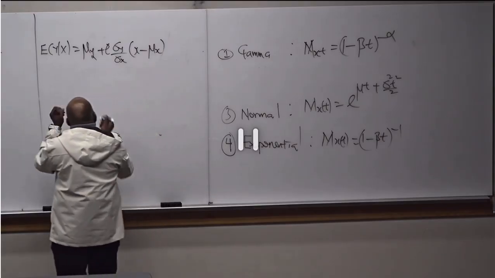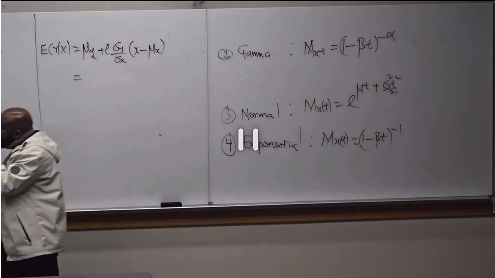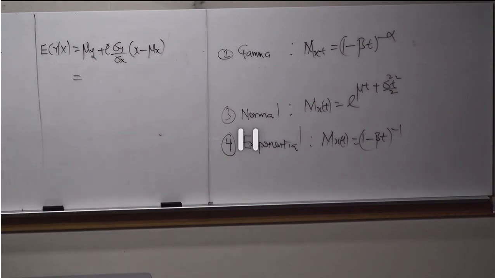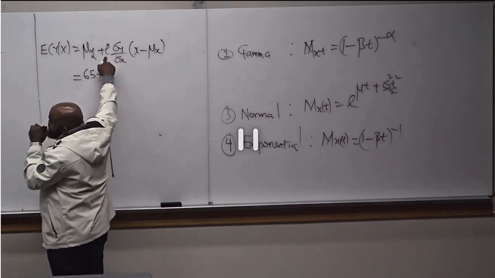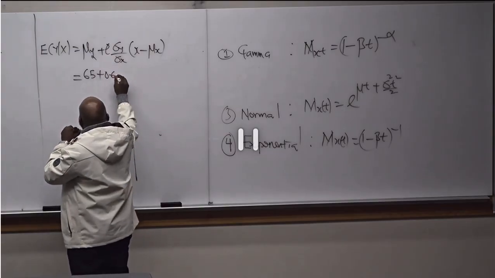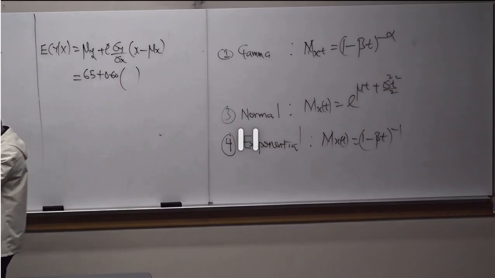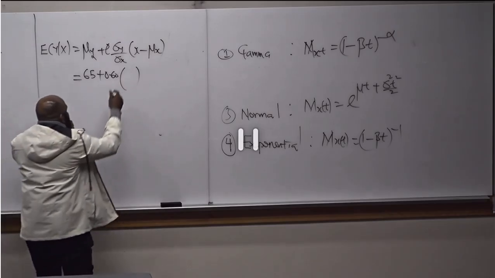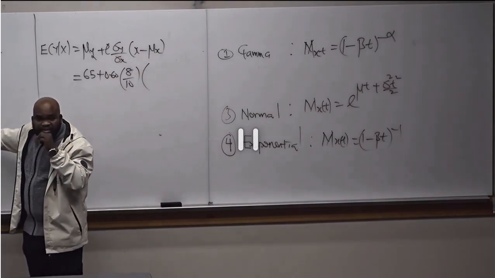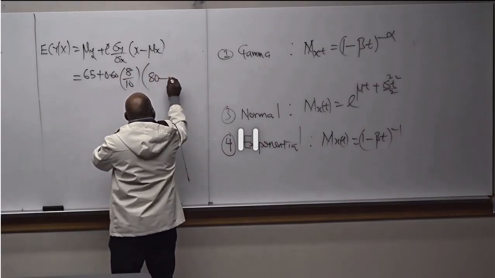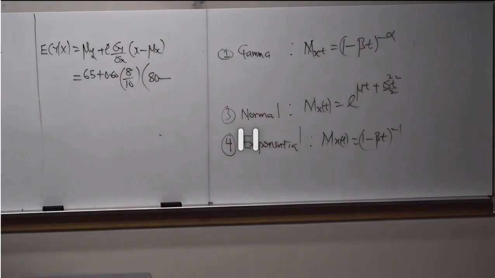Now all I need to do is go into what you're given. The mean of Y is 65, plus the correlation given, 0.60, times the ratio of the standard deviations, which is 8 over 10, and here X equal to 80 minus the mean of X, which is 70.